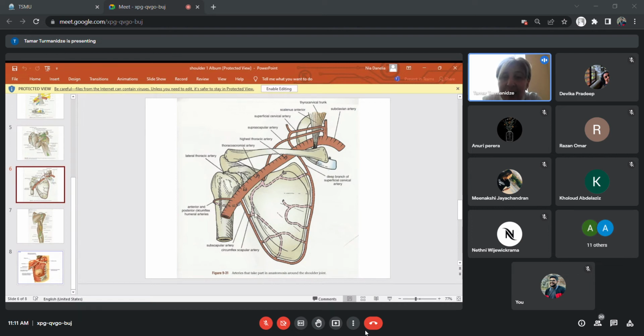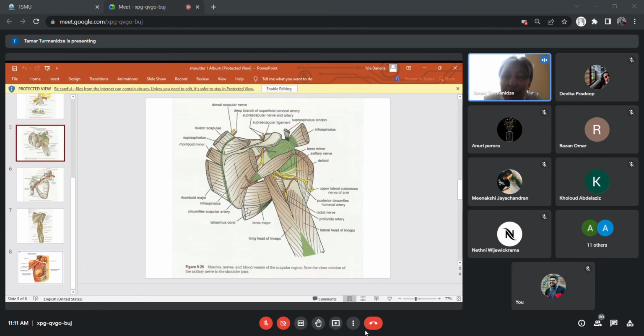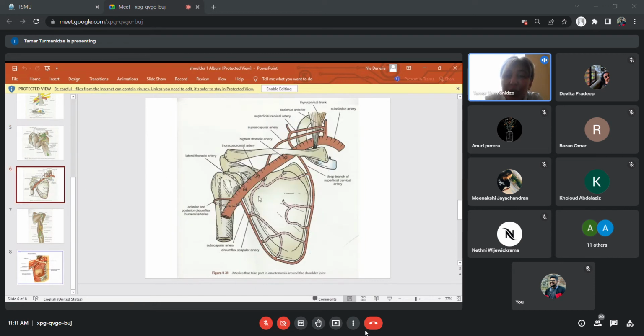The circumflex scapular artery, a branch of the subscapular artery, passes in the triangular space and anastomoses with the suprascapular artery, which is a branch of the thyrocervical trunk of the subclavian artery.